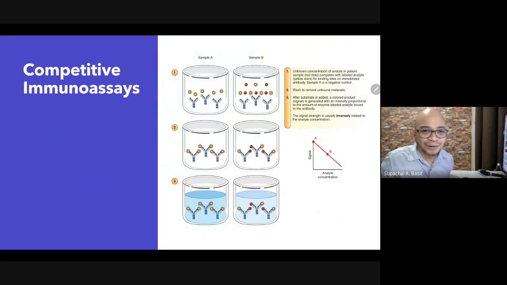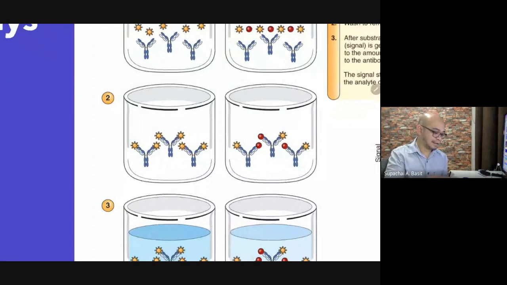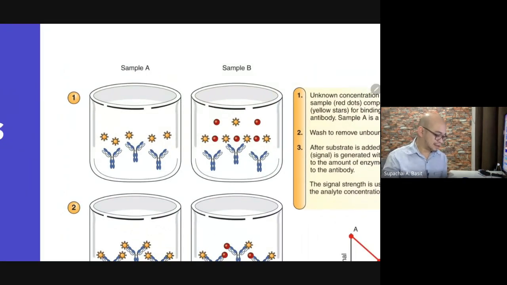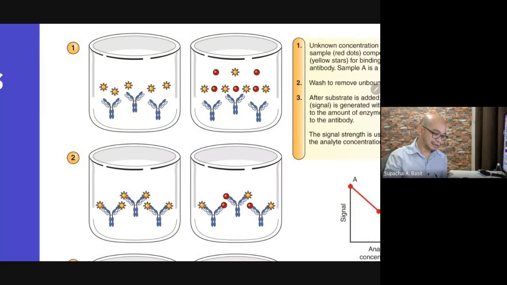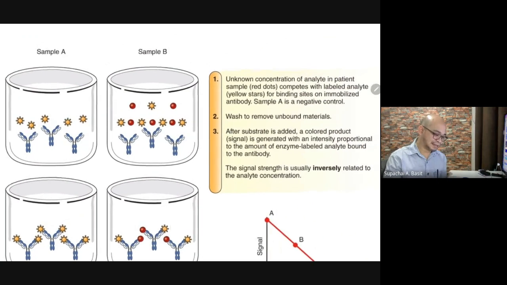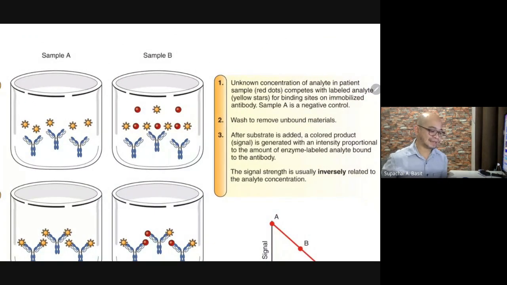So to give you an idea, we have here two scenarios. The first scenario is sample A, and the second scenario is sample B. A known concentration of analyte in patient sample. So the red dots is actually the patient's sample.